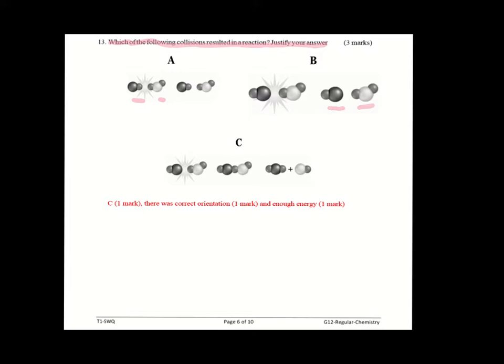This one is before collision and after, and we can't see any change before and after. But in C, you can see that they produce an intermediate compound, which we call the activated complex, and then they produce useful product.